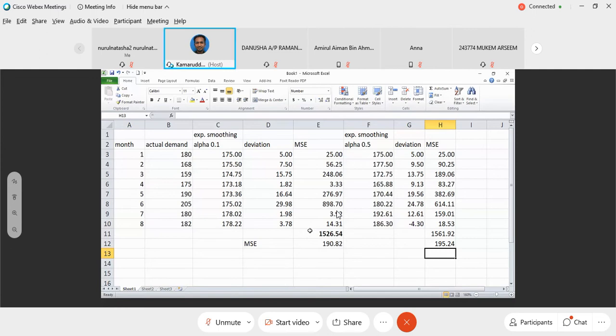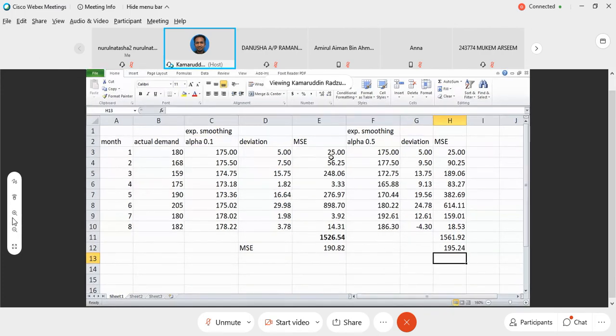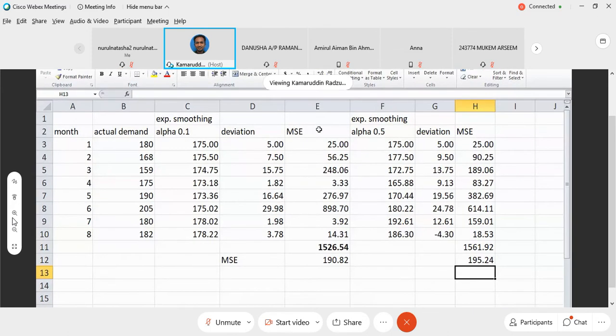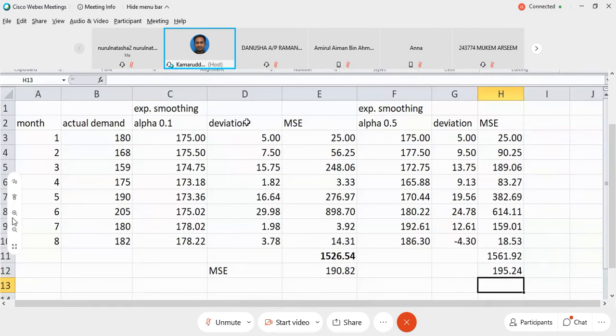Okay. Let's say we are using the MAPE, mean absolute percentage error. The first step is to find the deviation of the actual demand and the forecast.